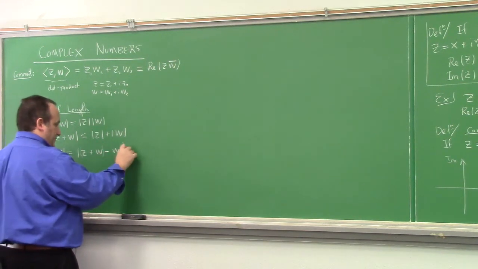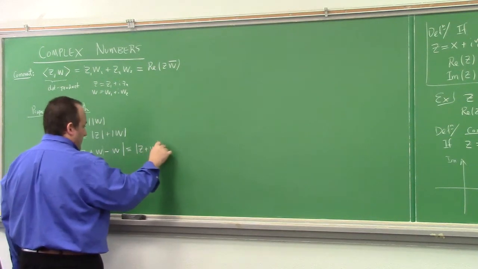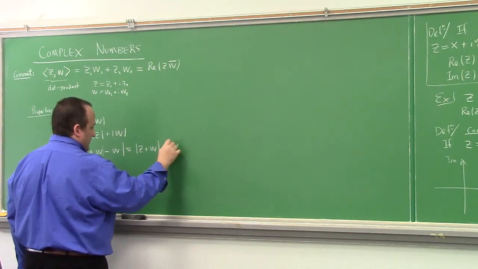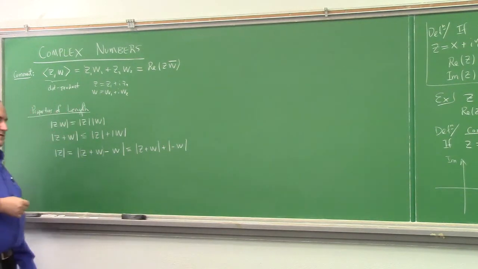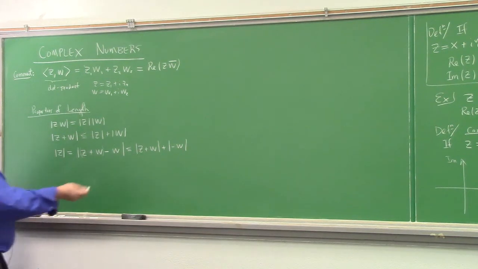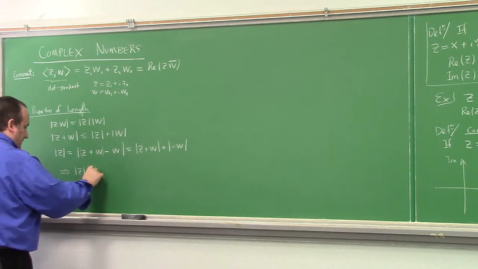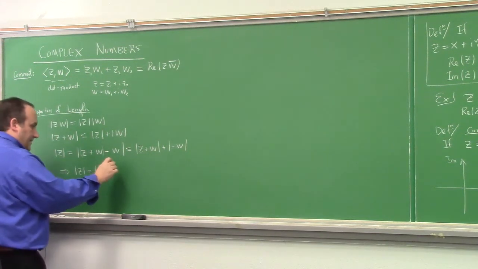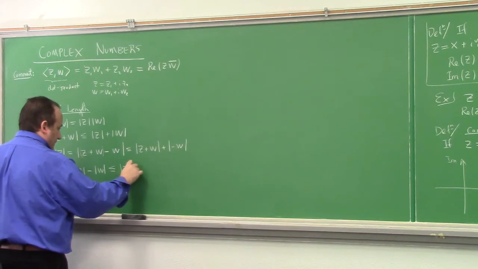So this is less than or equal to the length of Z plus W plus the length of minus W. It's easy to see that the length of minus W is equal to the length of W. So this gives us that the length of Z minus the length of W is less than or equal to the length of Z plus W.